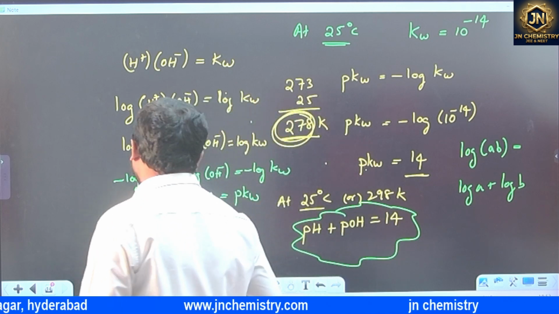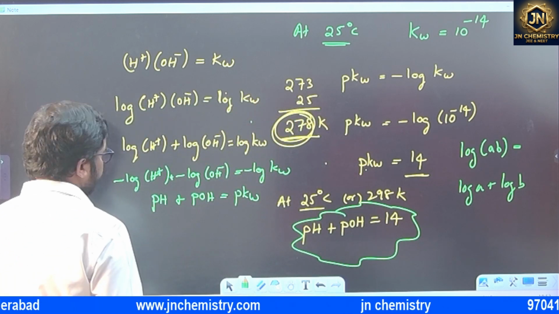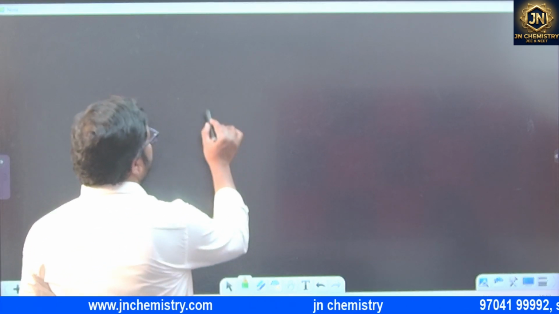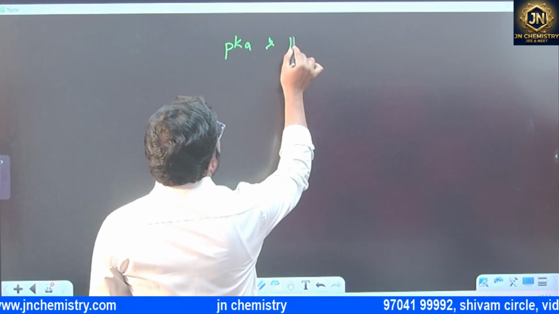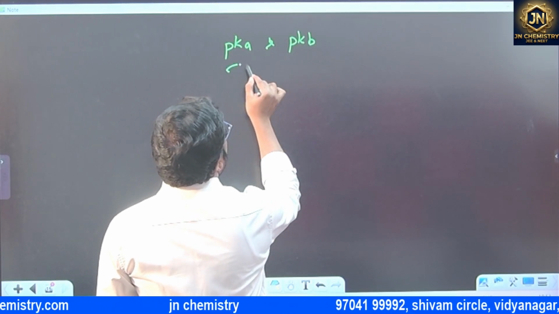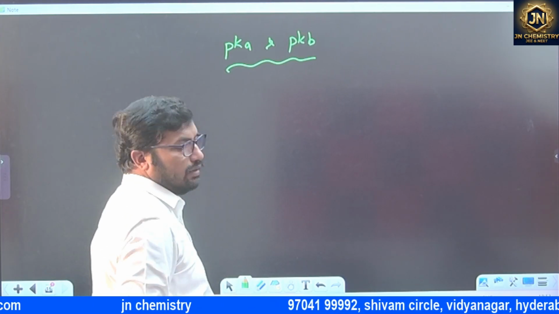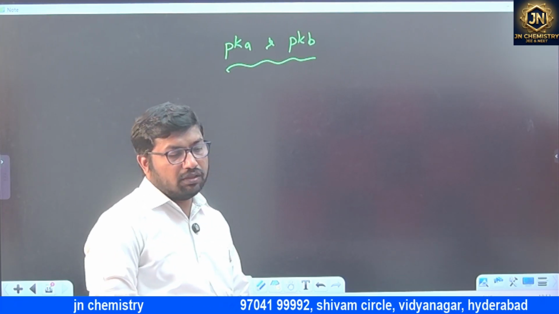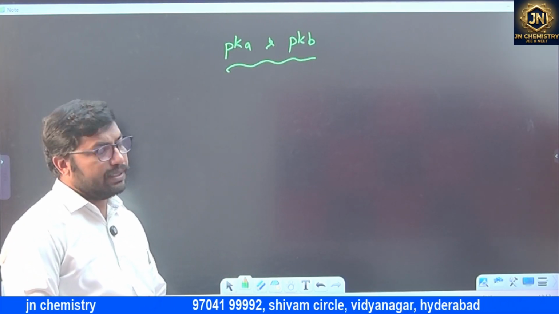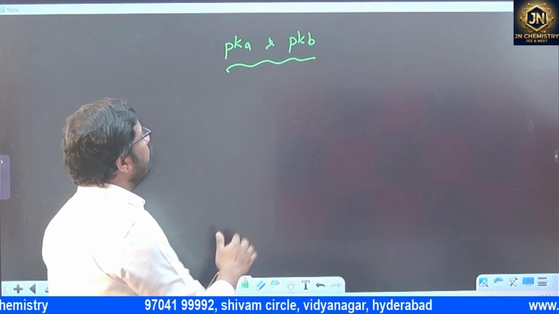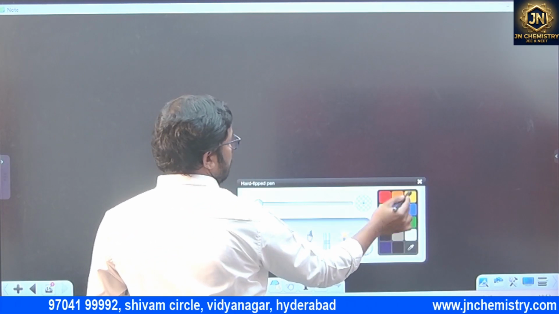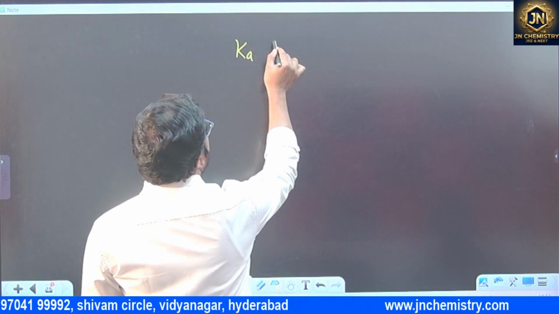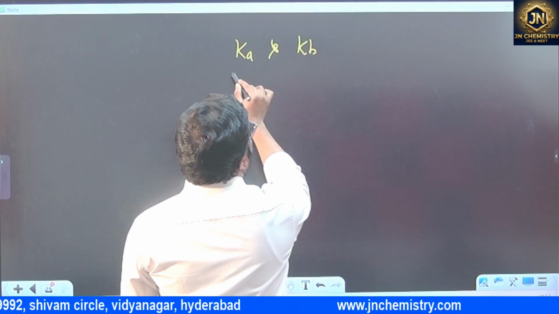And write one more important thing. Relationship between Ka and Kb. Instead of pKa, we'll go with Ka and Kb.